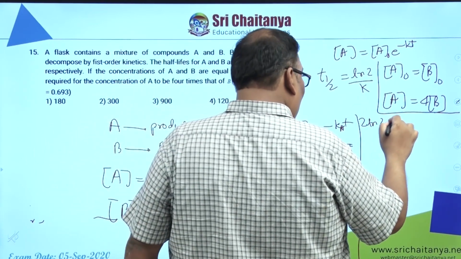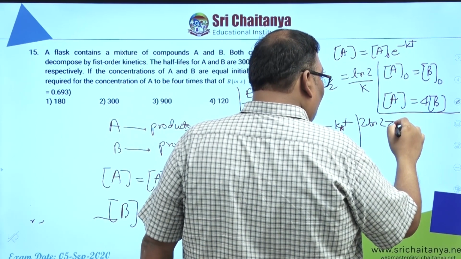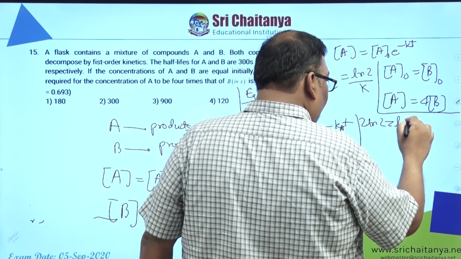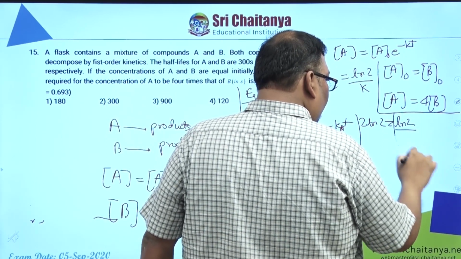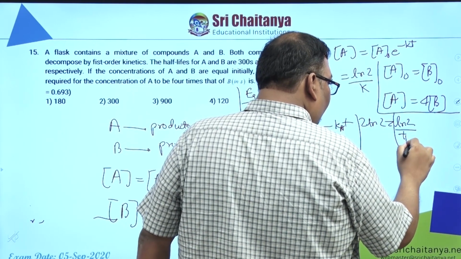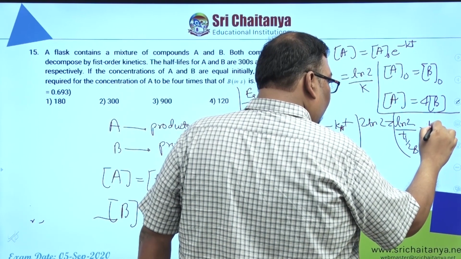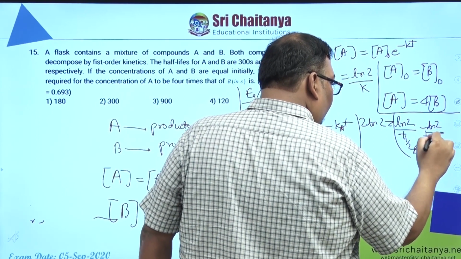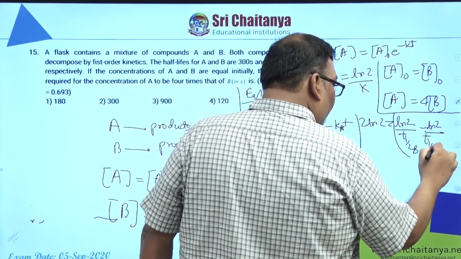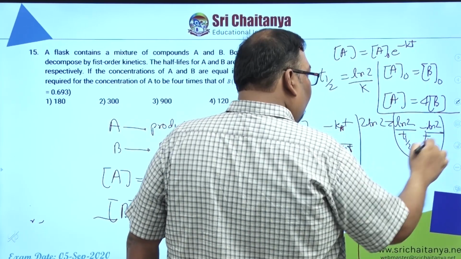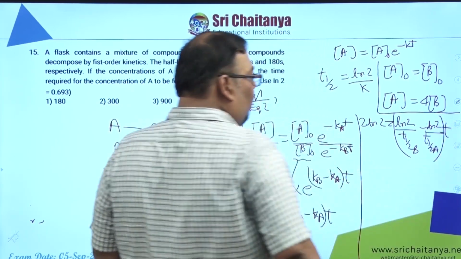So if I am writing it like this, then KB minus KA can be written as ln 2 by T half of B minus ln 2 by T half of A, and this into T.